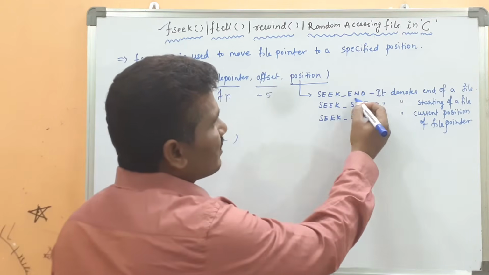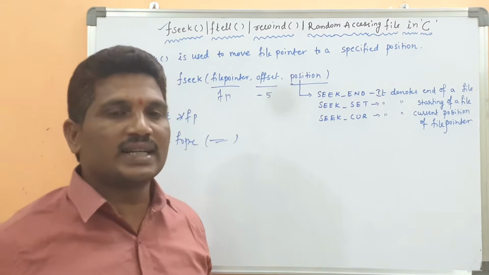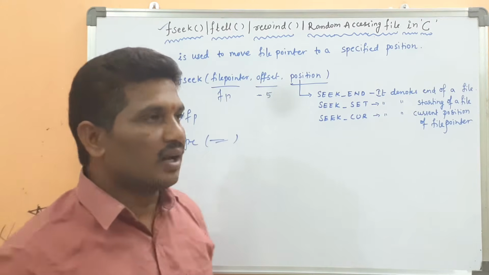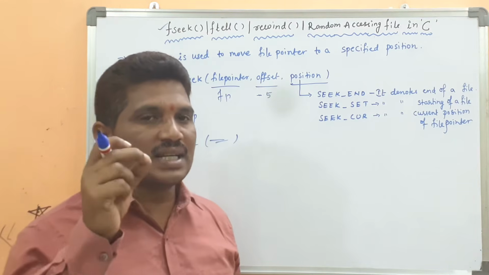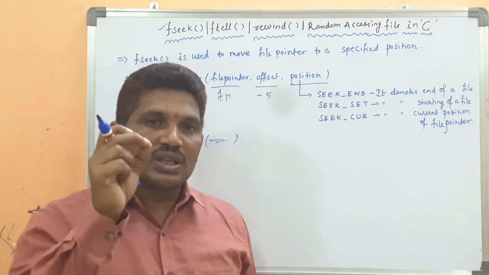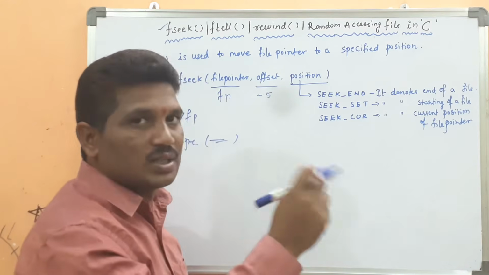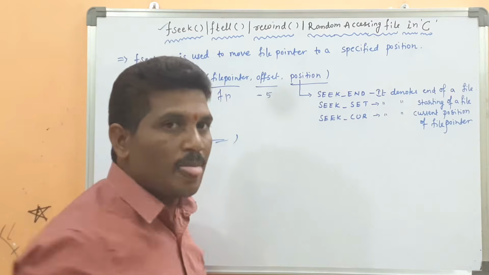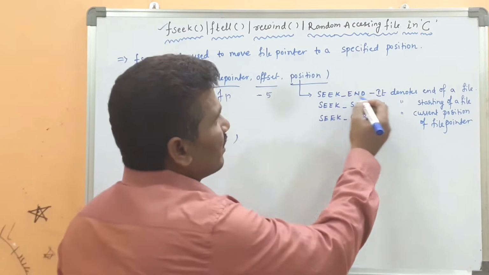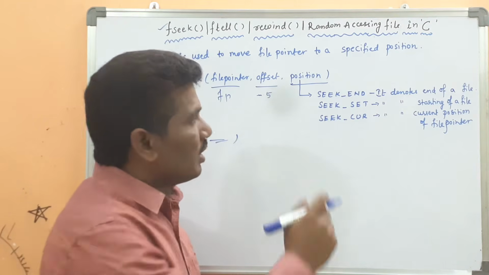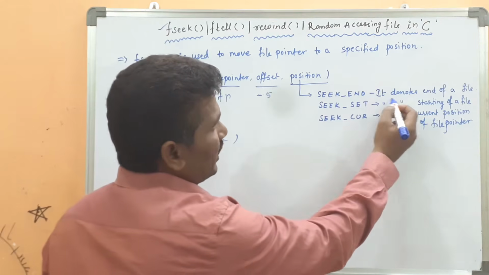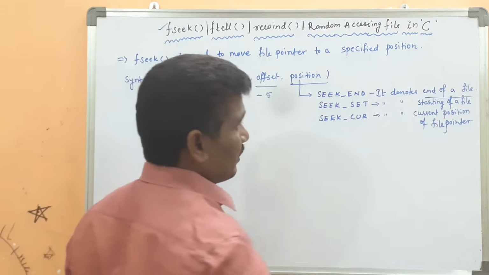SEEK_END denotes that the file pointer is at the end of the file. If you want to put the file pointer at a particular position, it is possible with the help of the position argument.